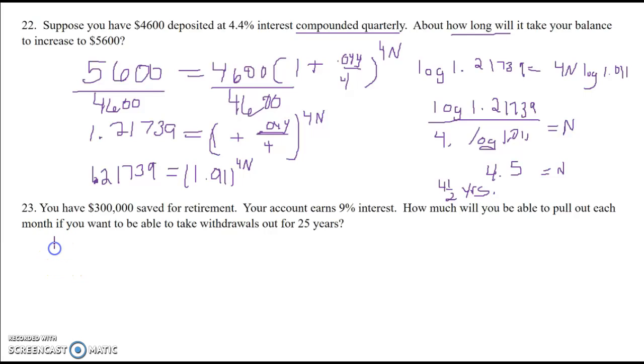So the formula we're going to use is P sub 0. It's awful long.